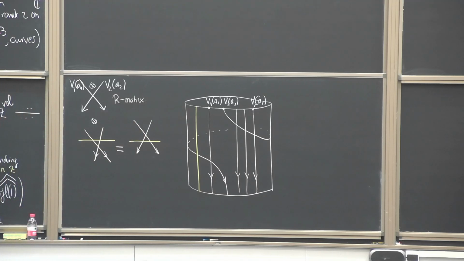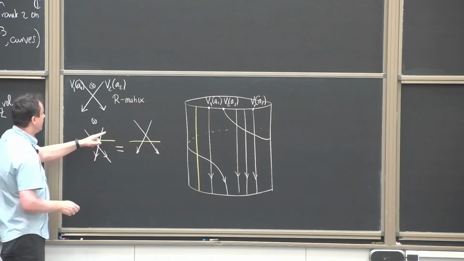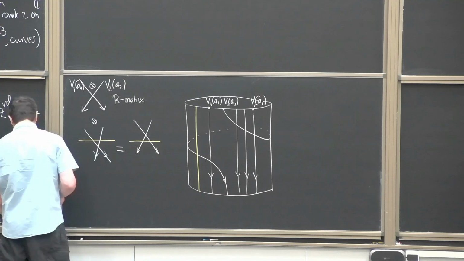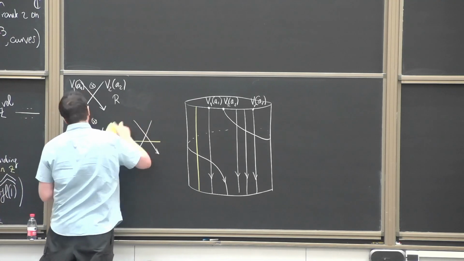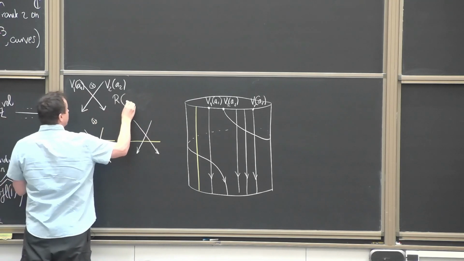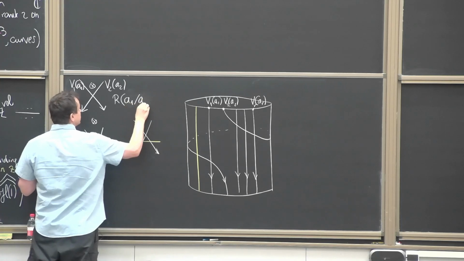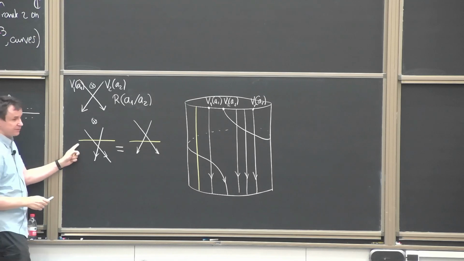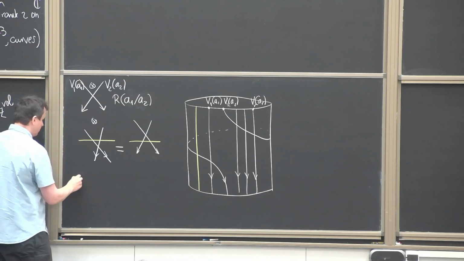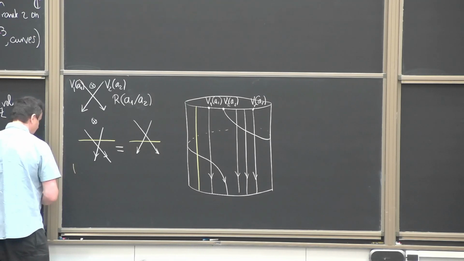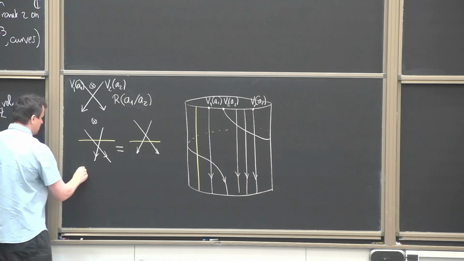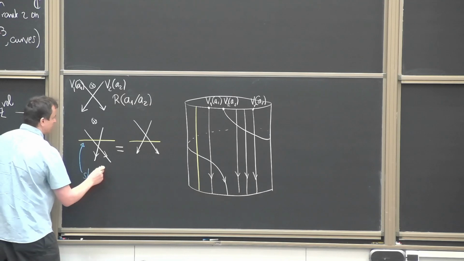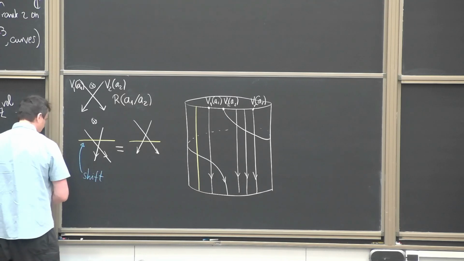Okay? And so what's an example of such an operator? The R matrix in general could be an arbitrary function. But in our situation, it will be a function only of the ratio. So as an example of such an operator, you can make this operator a shift.